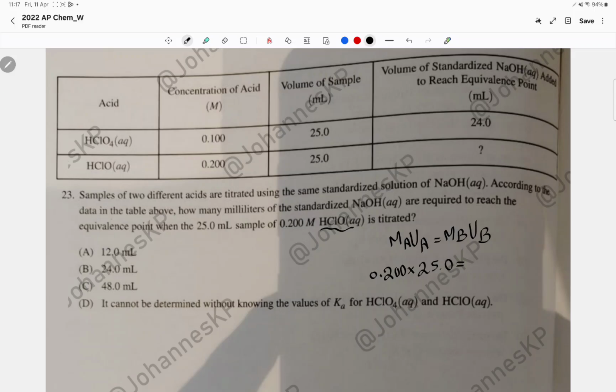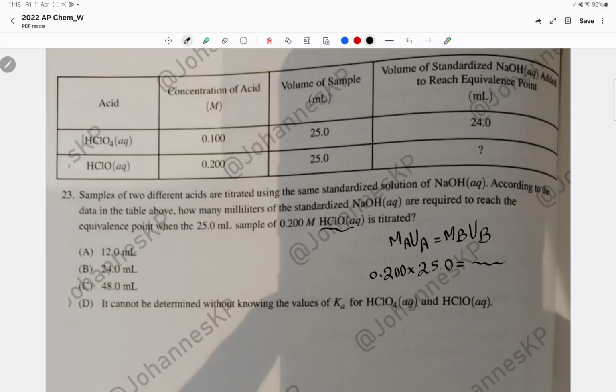What's the molarity of the base? You don't have it. We gotta find it using the above equation, the above numbers. So here we have two missings, right? The molarity of the base and the volume of the base.